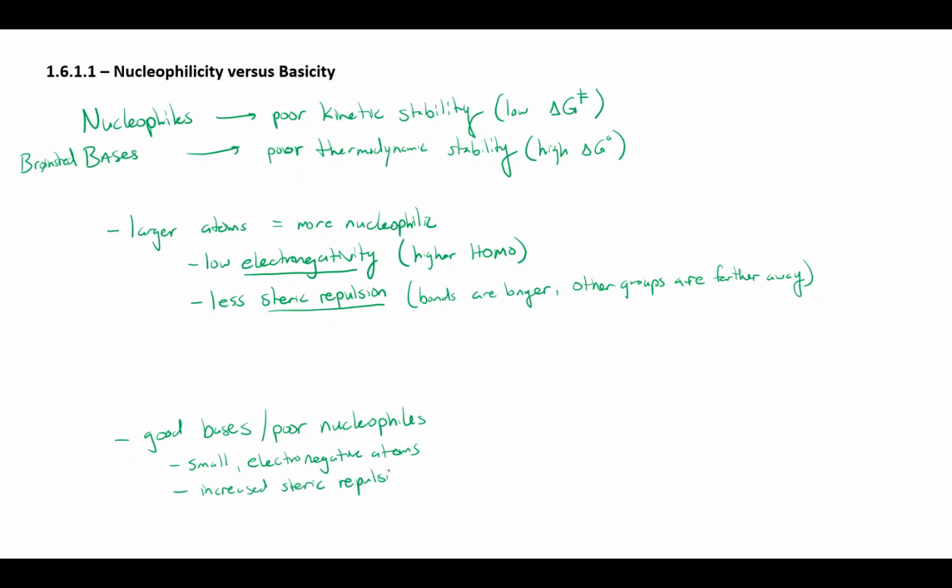So the opposite of what we're writing up here. If we have high electronegativity and high steric repulsion, then we're going to create good bases that are poor nucleophiles.